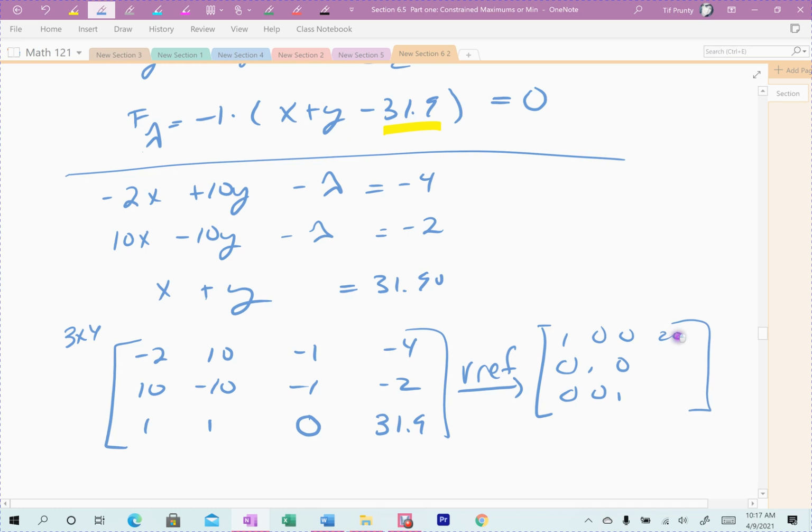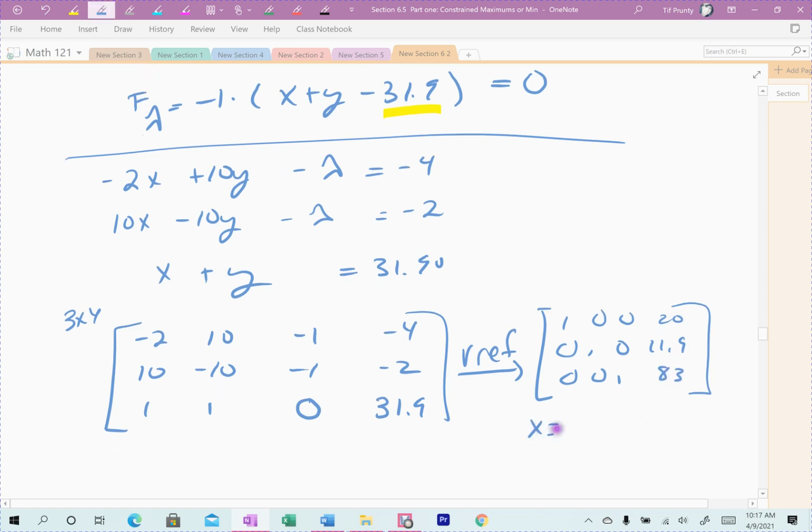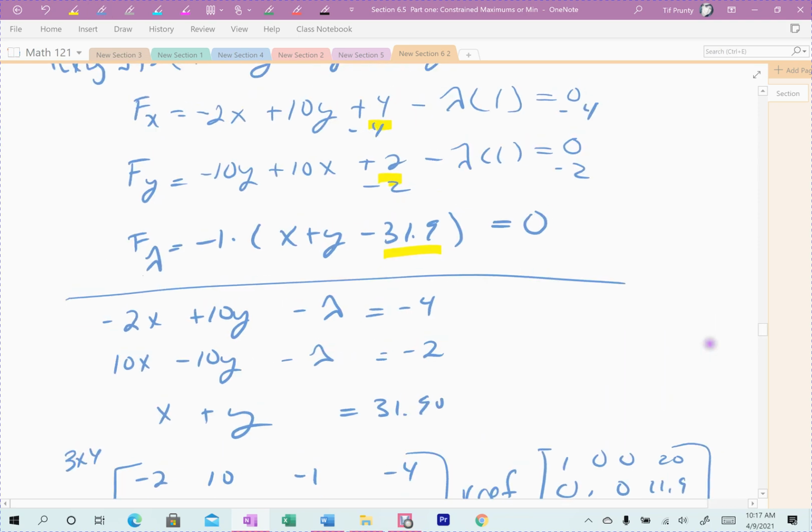And so it's 20, 11.9, and positive 3. All right, so x is 20, y is 11.9, and again, we did find lambda, we don't really do anything with it. 83, not 38. And so, there's my answer.